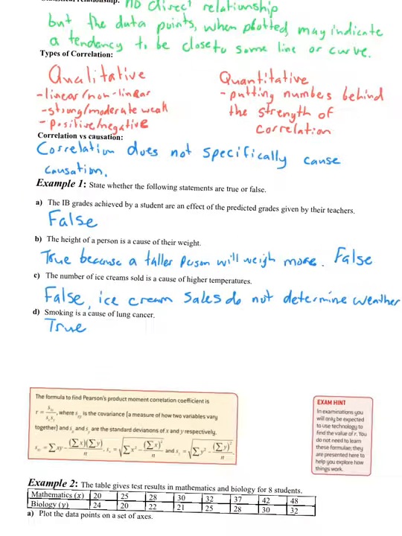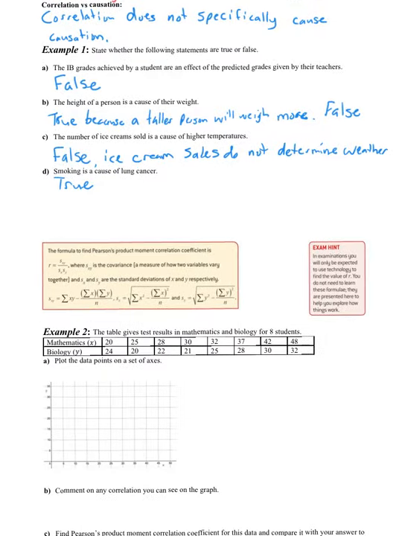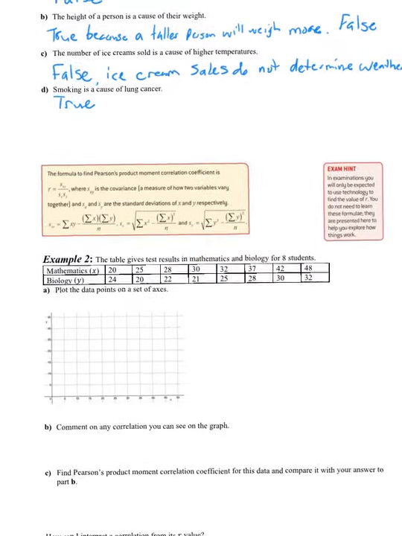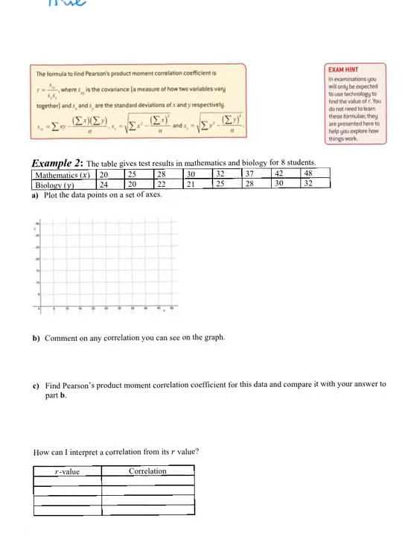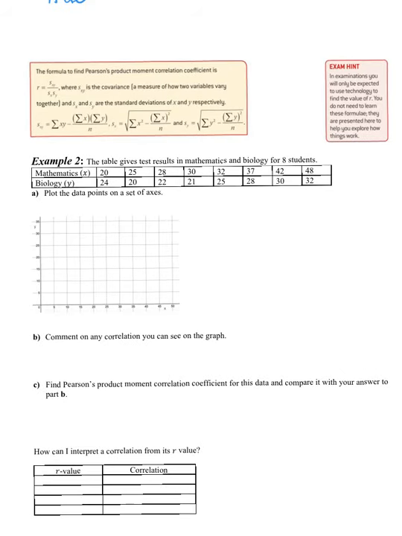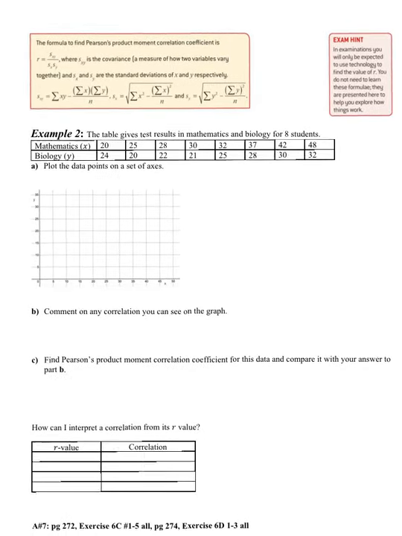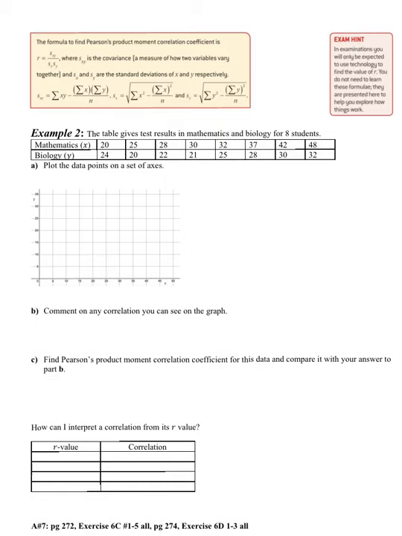I zoomed in a little bit there, zoom out again. Okay, so now we have Pearson's product moment correlation coefficient. That is a mouthful, but basically I'm just going to be calling it Pearson's, or Pearson's coefficient. And here's how we do it.